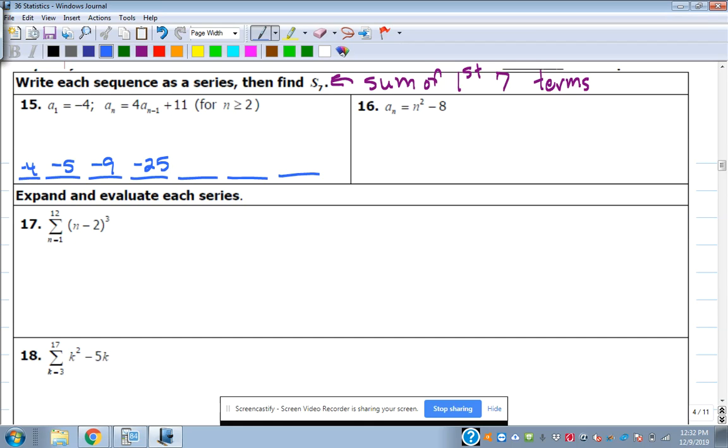Plug -25 into the formula. 4 times -25 is -100, plus 11, -89. Plug -89 into the formula. 4 times -89 is -356, plus 11. So -345 is the sixth term.